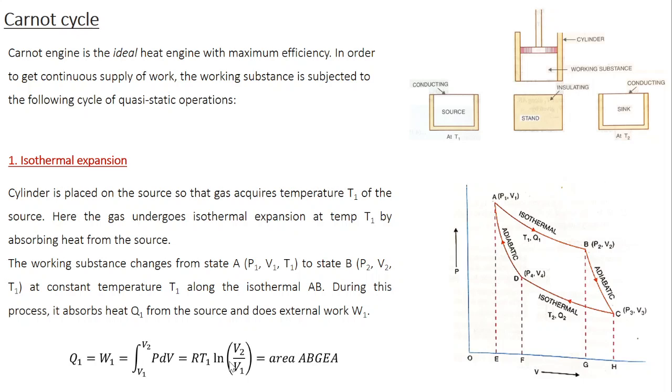If you want, you can refer to the earlier lecture. In terms of the PV diagram, this is going to be the area under the curve AB, which is nothing but the area of the closed loop ABGEA. So this is the work done, and this work done is equal to the heat absorbed from the source.